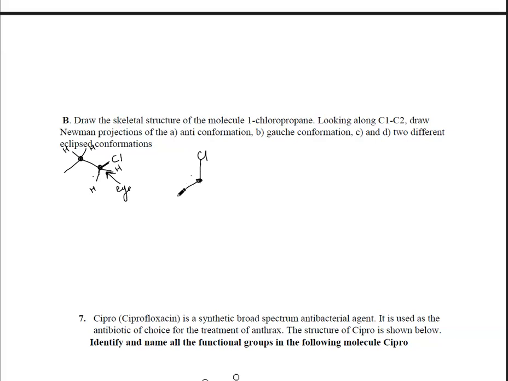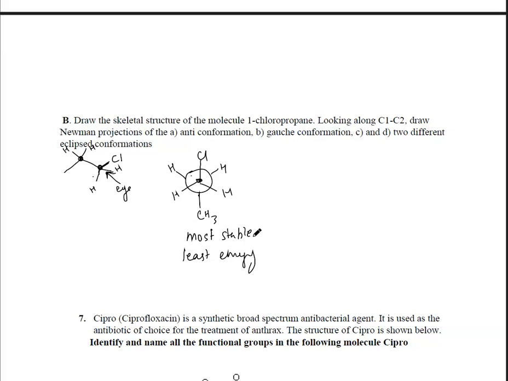So if we draw the front carbon atom like this, then at the back carbon atom, the methyl group should be here, anti-conformation, okay, and the two hydrogens. So this will be the most stable conformation, the one that has the least energy.